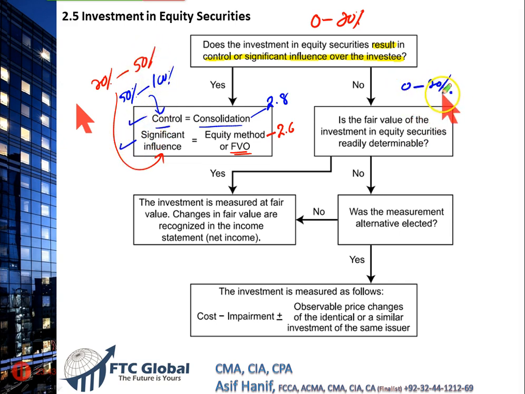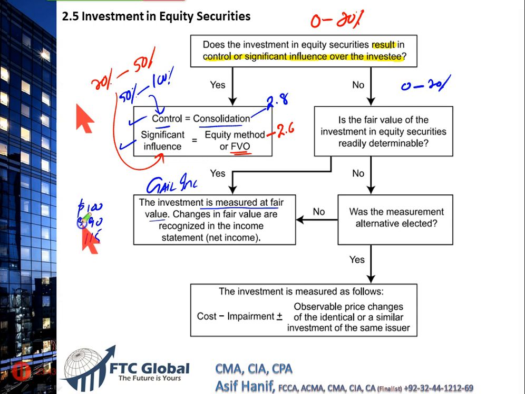If it's between 0 and 20%, is the fair value of the investment in equity securities readily determinable? If it is readily determinable, just like Gale Incorporated in the previous example we did a little while earlier, the investment is measured at fair value. 100 fell to 90, went up to 115.